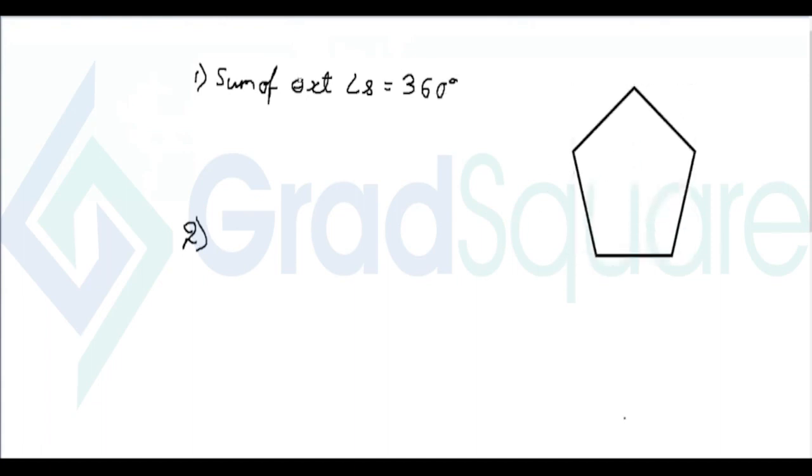If you remember the last triangles properties class, I had asked you how many exterior angles a triangle has, and the answer is it has 6 exterior angles.